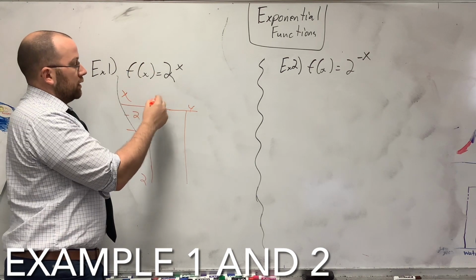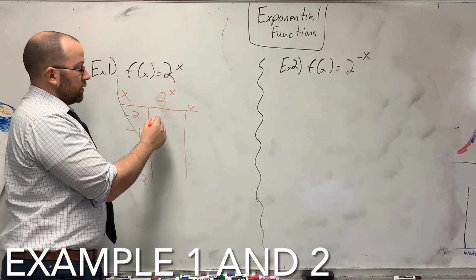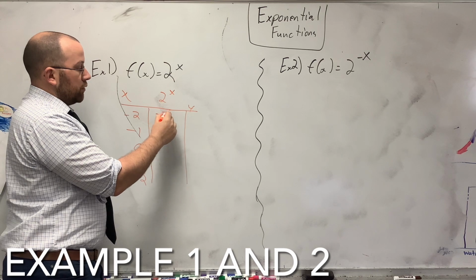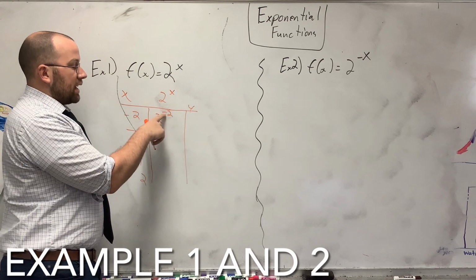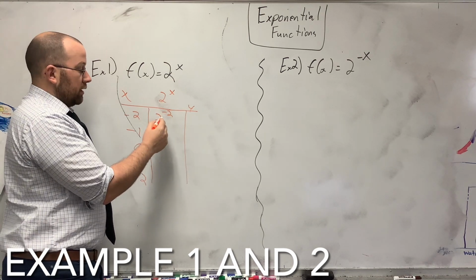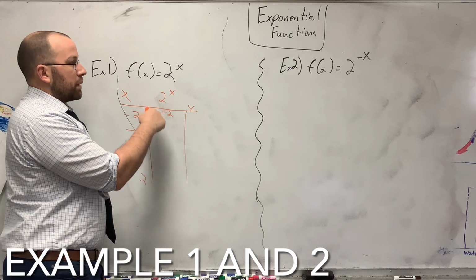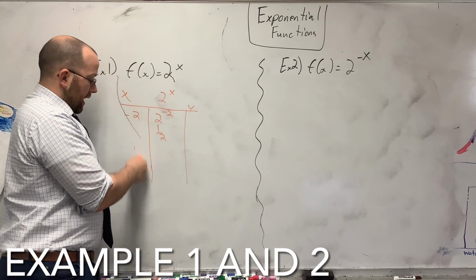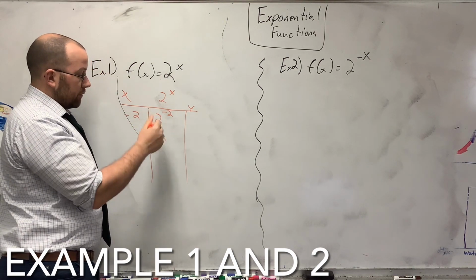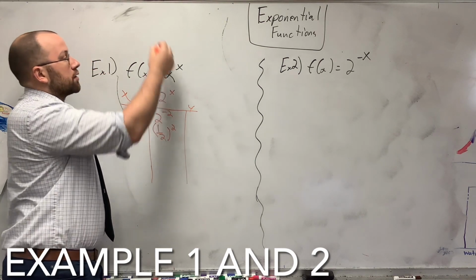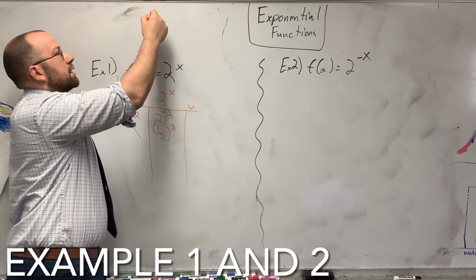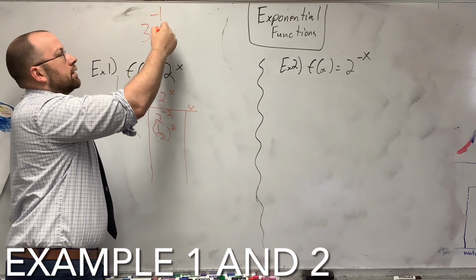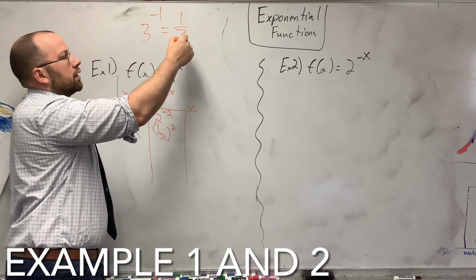So when you put -2 up there, that negative means you take your base and you flip it over and make it 1/2. So now I have 1/2 squared. If I had 3 raised to the -1, that's actually 1/3.